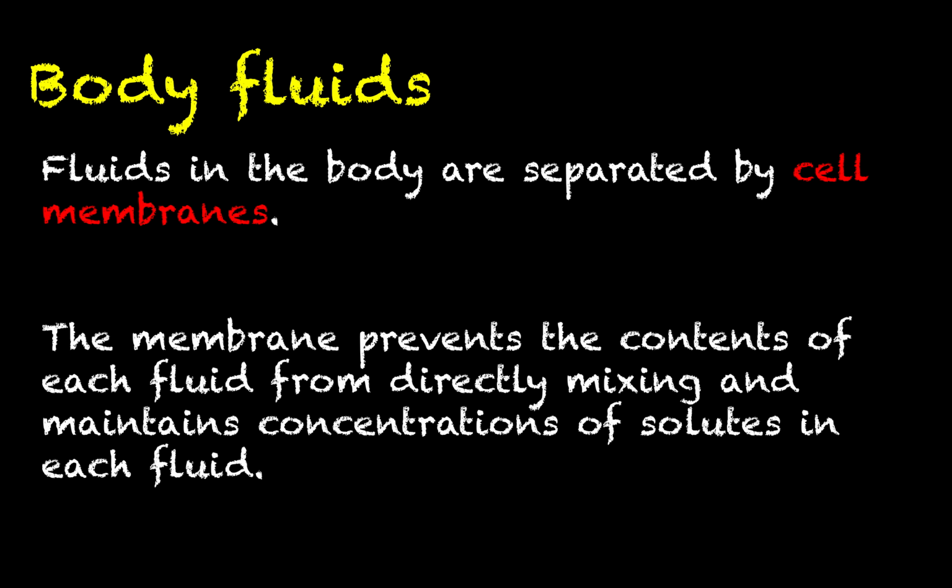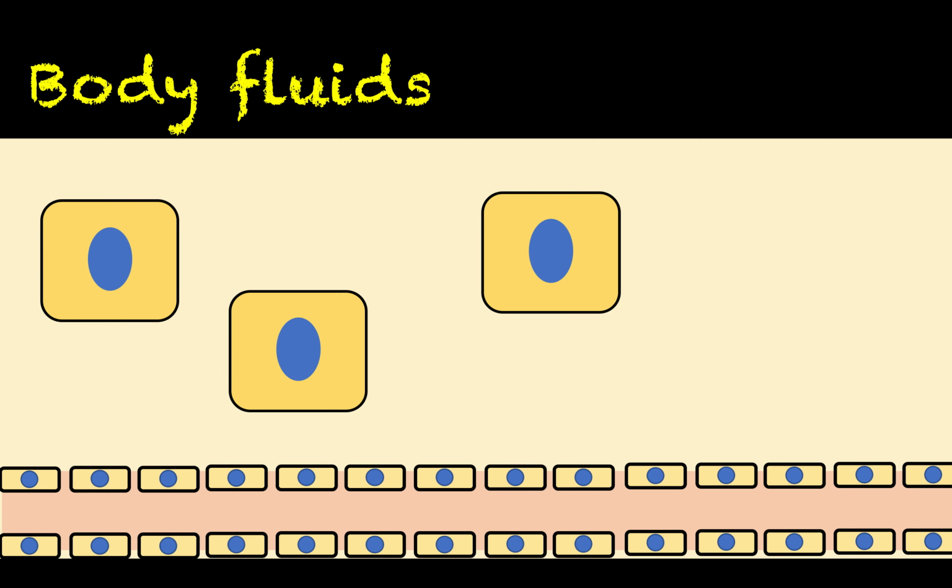So what the membrane does for now is it prevents the contents of each kind of body fluid from directly mixing together, again, to make sure that, say, a chemical reaction happening in one kind of fluid does not interfere with or mix together with something else happening in a different body fluid. And each kind of body fluid we're going to discuss maintains concentrations of solutes and other materials in different proportions, so this is why it's important that we have cell membranes to keep these things separate.